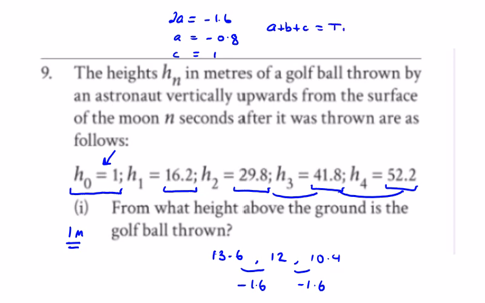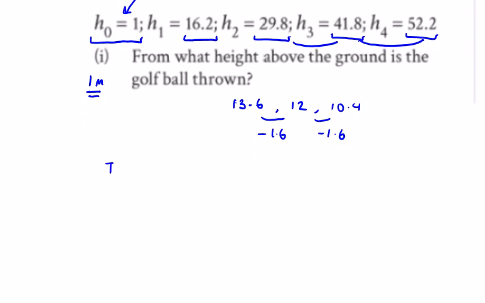So A plus C is 0.2, plus B is 16.2, so B has to be 16. So Tn is going to be equal to minus 0.8 n squared plus 16n plus 1.